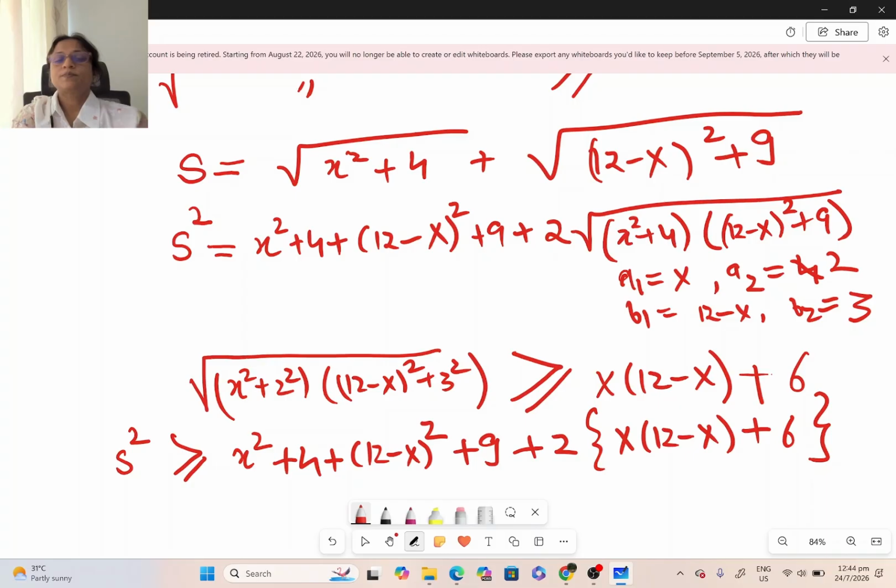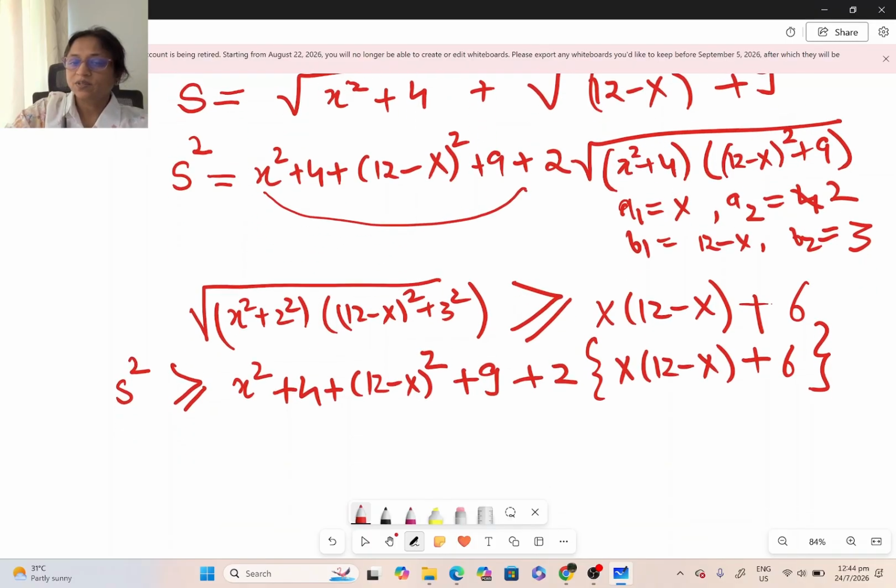Suppose S² is something. Suppose this expression was 4. So root of 4 is 2. That means S² must have been greater than this number plus 4. Now, since this is always greater than this, if I take a number lesser than this, then S² will be always greater than this number put in this expression. I hope that's clear.